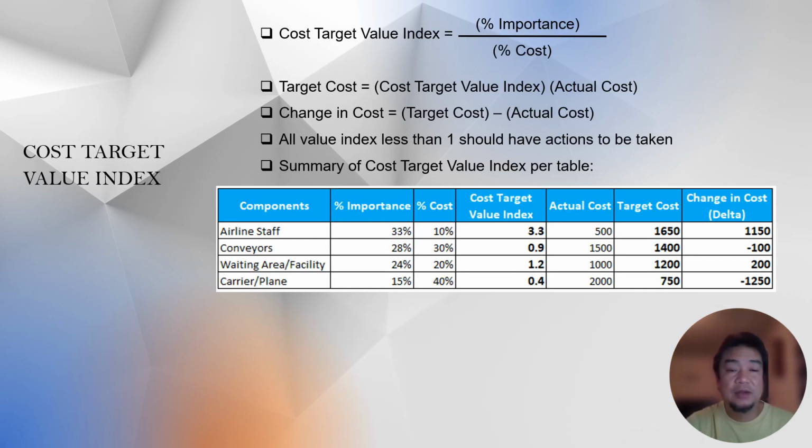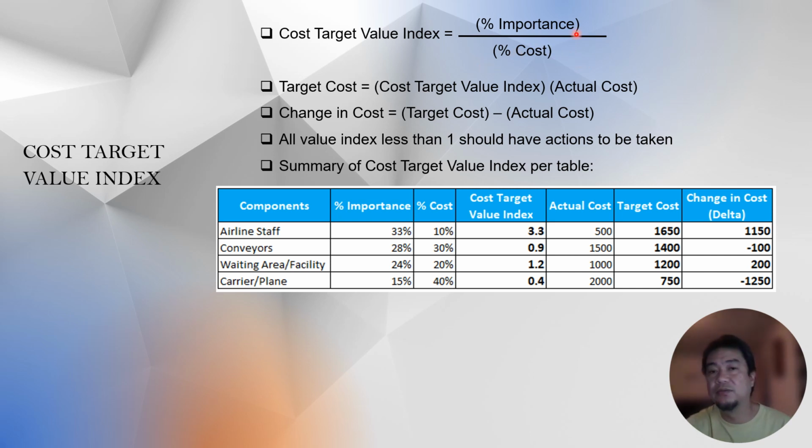Cost target value index. Before you arrive at the target cost, you have to determine the cost target value index. So I'll show you that. The cost target value index is percent importance divided by percent cost.